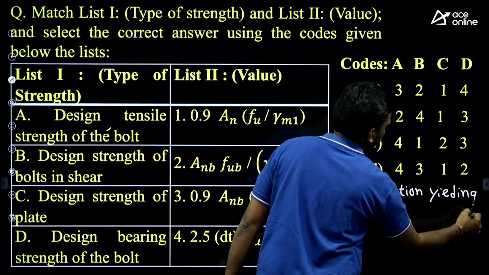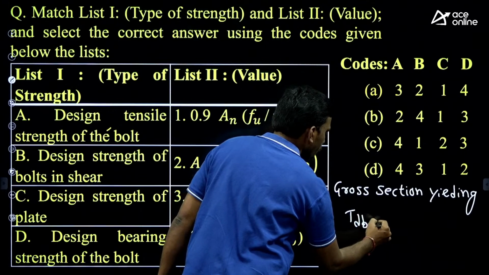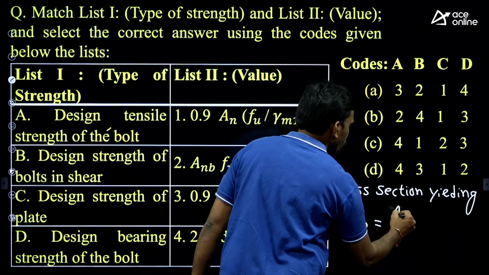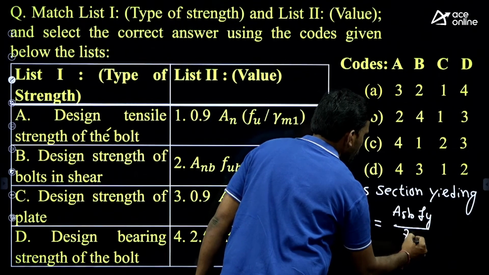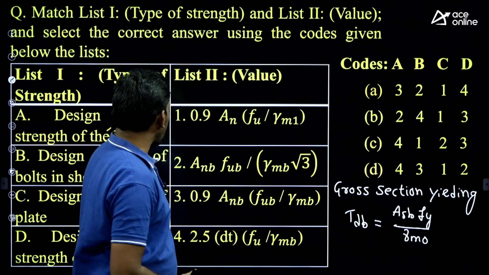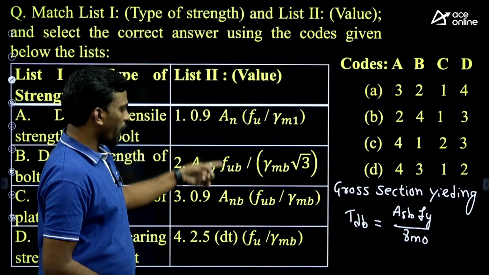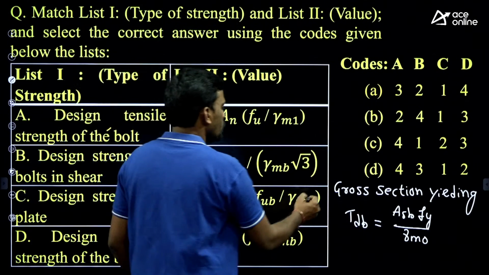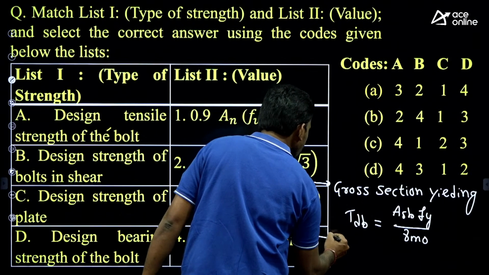Based on cross section yielding, TDB equals ASB Fy divided by gamma m0. Now check, is any such formula present here? ASB? No, there is no ASB. It means this is not based on cross section yielding. Then based on net section rupture.